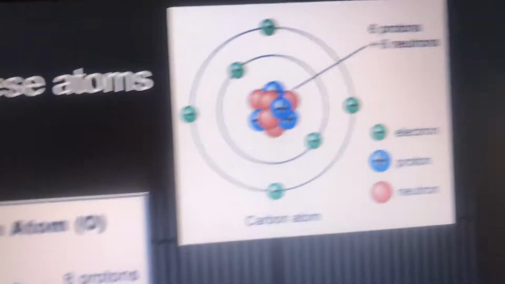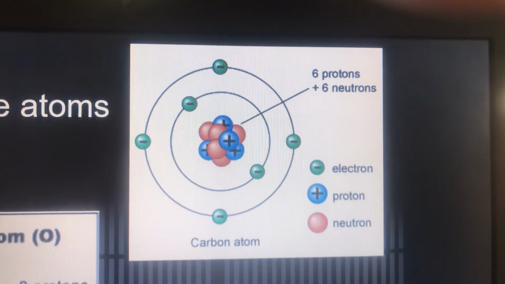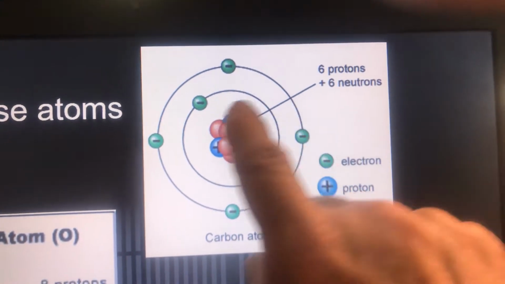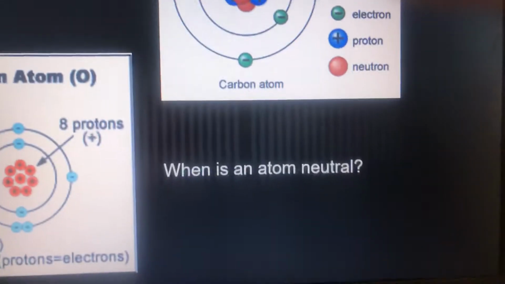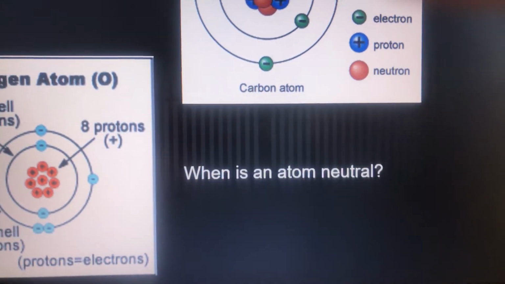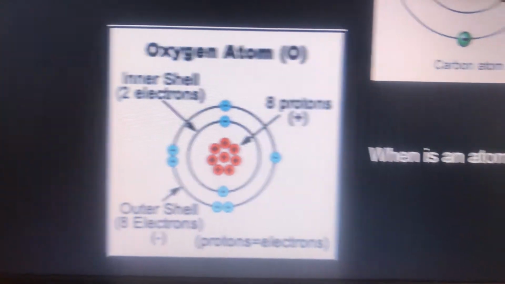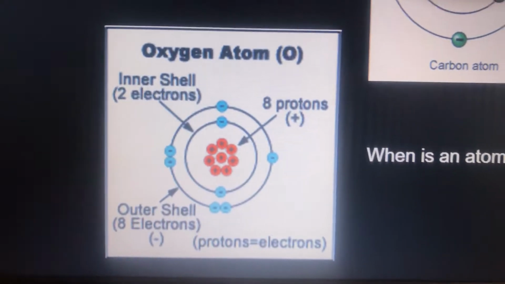Over here we have a carbon atom with the protons and neutrons inside the nucleus. What I'm going to point out is that electricity is a result of the movement of electrons from one atom to the next, and I'm going to show you how that takes place.